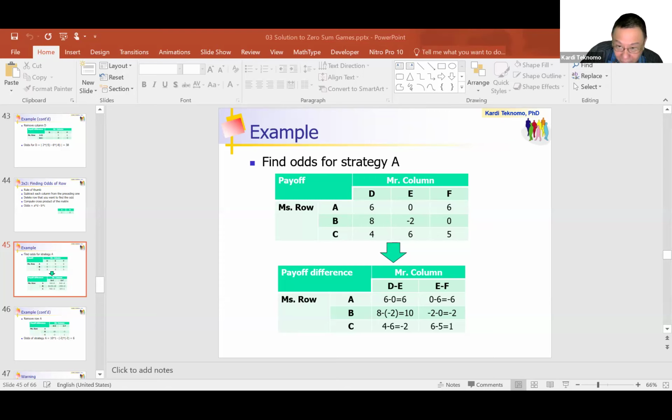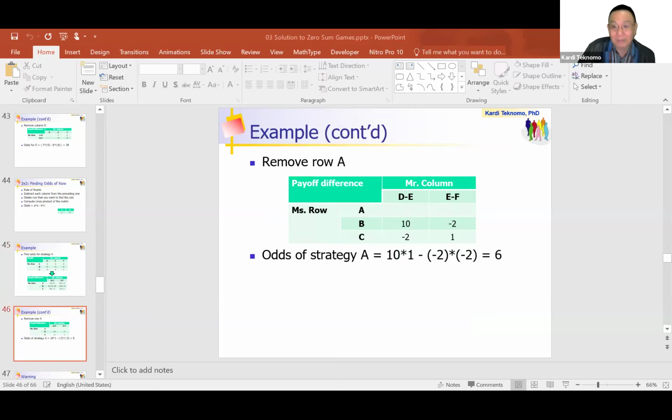So what you have is only 10, minus 2, minus 2, and 1. And then from here you do AD minus BC. So 10 multiplied by 1 minus 2 multiplied by minus 2. And then you take the absolute value. This is already positive, so 6. So 6 is the R for the row that you delete. That is A. Clear?